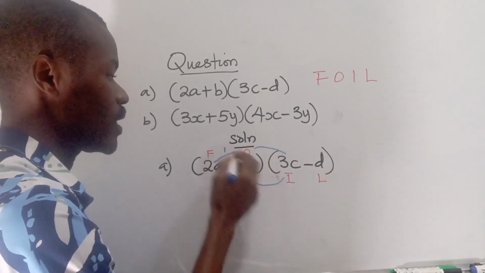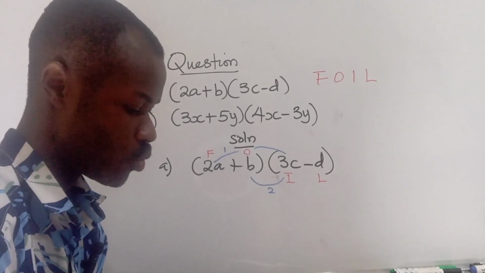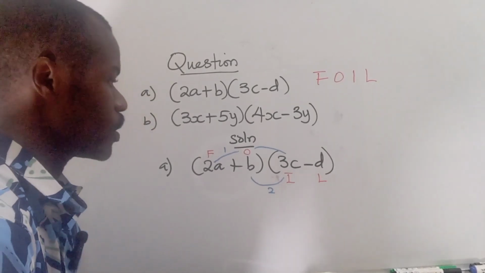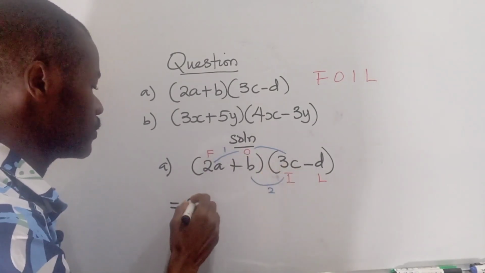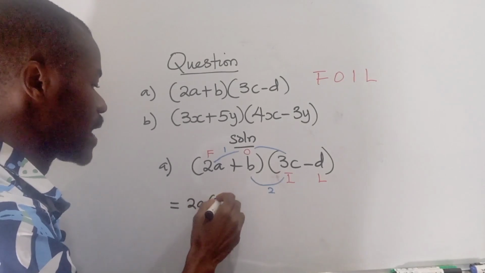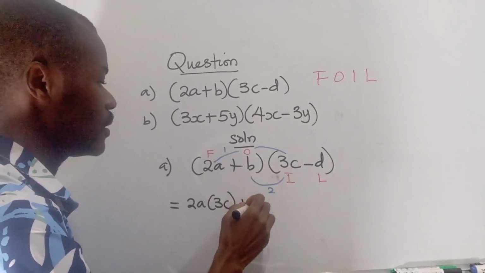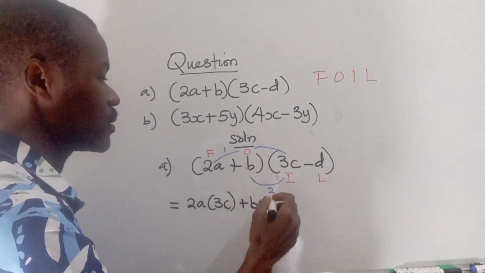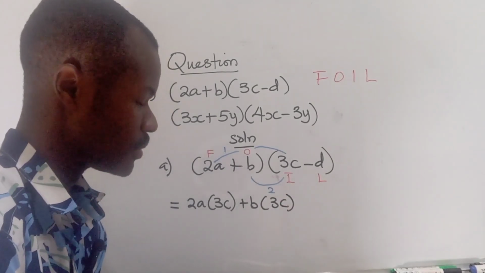We'll call this step 1 and this is step 2. So let's work on step 1 and step 2. We are going to have 2a multiply 3c, and plus b multiply 3c.